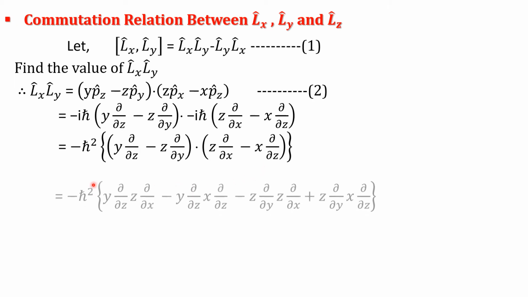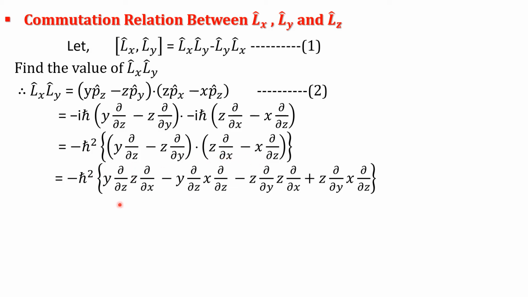Simplifying in that manner, we write the terms: y del/del z into z del/del x, then minus y del/del z into x del/del z, since the minus sign is here. Now the first term multiplied to the second bracket gives these two terms.